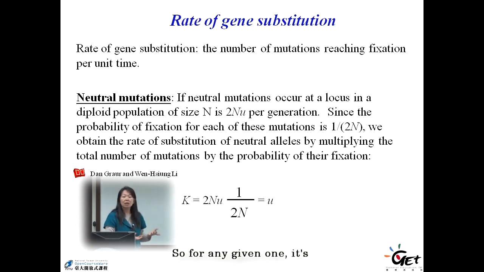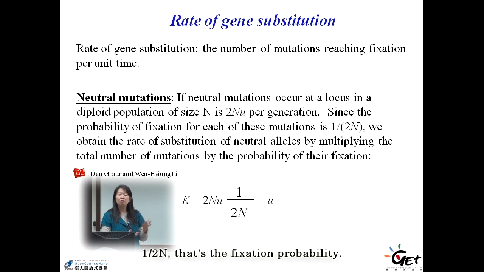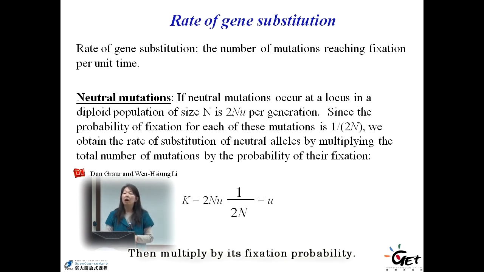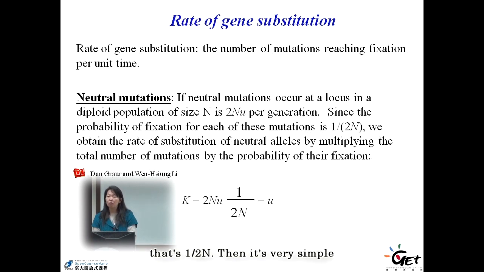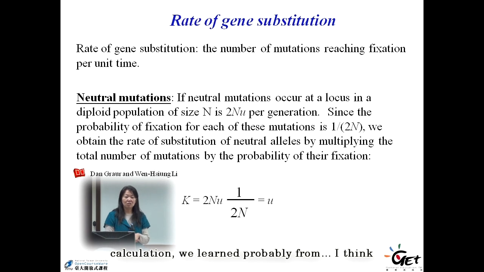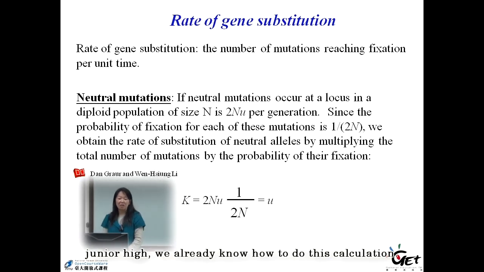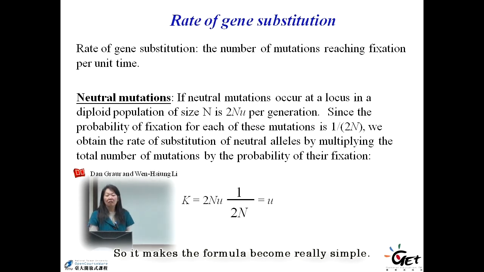For any given one it is 1/2N, that's the fixation probability. So we take the total number of mutations, 2N mu, and multiply by its fixation probability, 1/2N. It's a very simple calculation we probably learned in, I don't want to say elementary, but junior high or high school, so it makes the formula really, really simple.